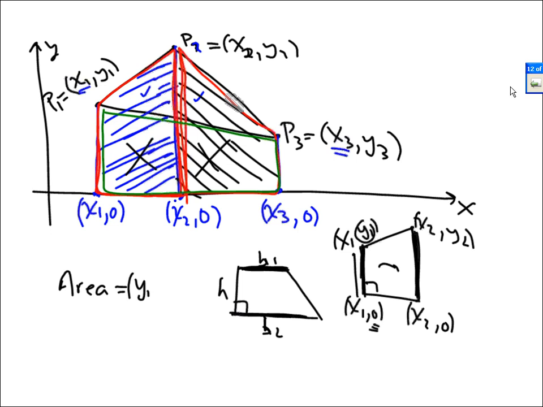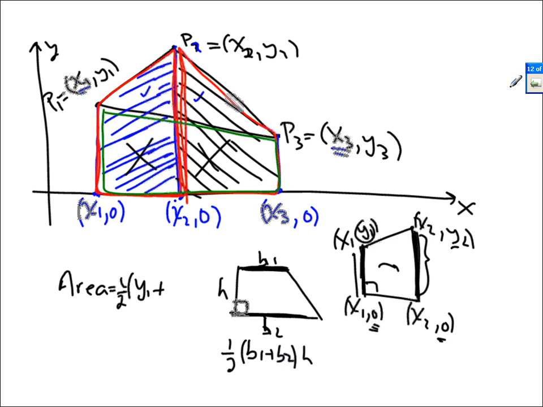You went up y1. Remember, the formula is add up the two bases, multiply that by the height, and then take half. So right now, here's my half. I want the two heights. This height goes from 0 to y2.